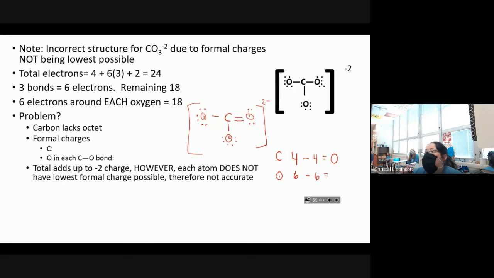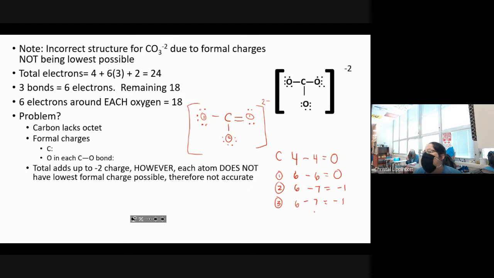So 2, 3, 4, 5, 6. So this one is 0. Now, for this oxygen, it should have 6 again. How many does it actually have? 7. So its formal charge is -1. And our last oxygen is going to be the exact same thing.